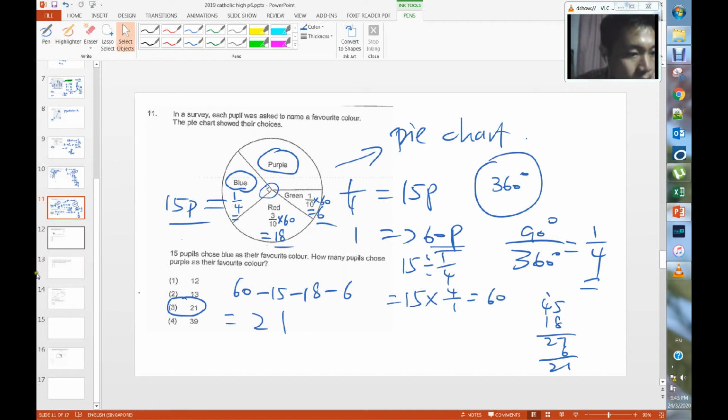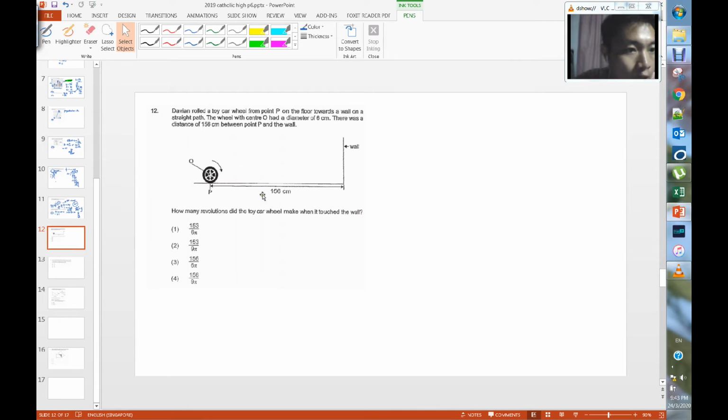Very simple. Okay, over here, you have a question that says you have a wheel here, and then Davian rolls a toy car wheel from point P, which is here, on the floor towards a wall, which is here. The wheel with center O had a diameter of 6 cm.